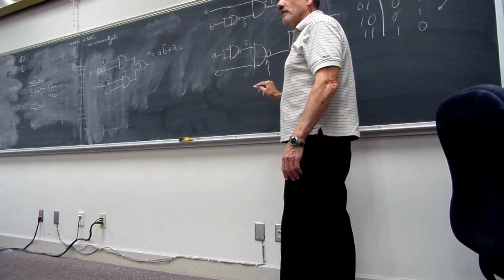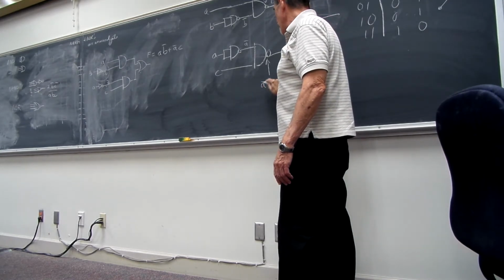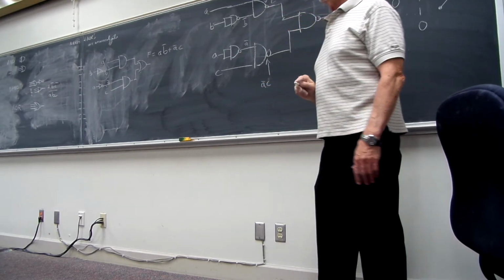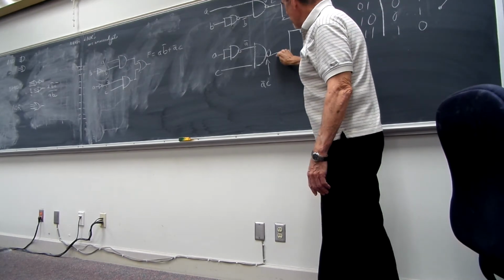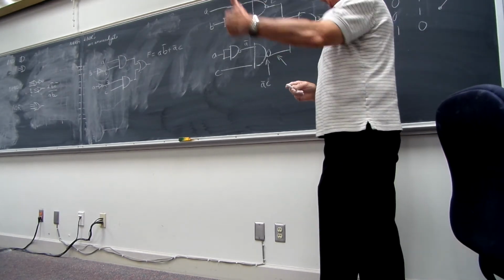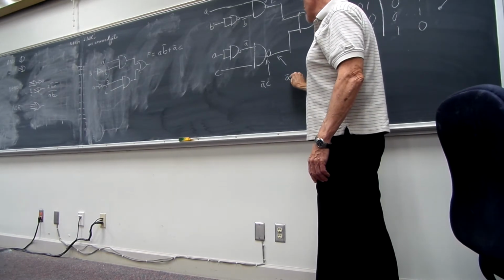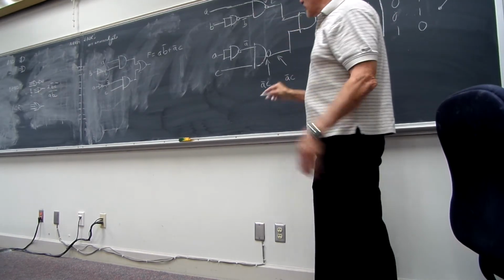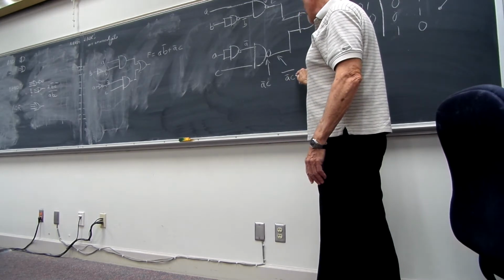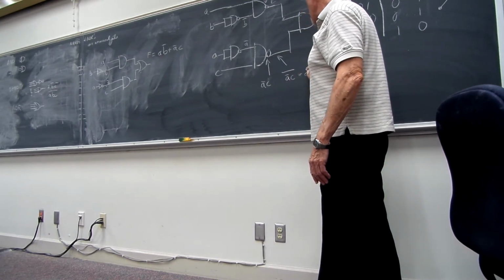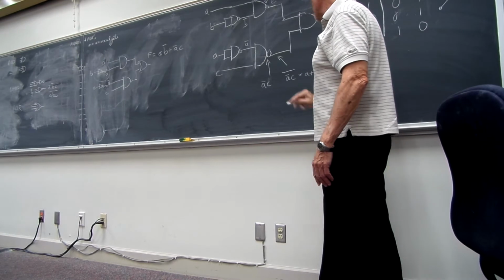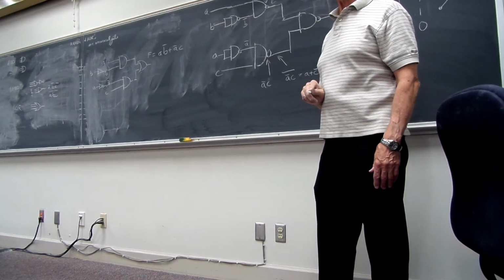A bar and C. What am I going to have out here after I do the negation? A bar and C, the whole thing barred. But that reduces down to A or C bar. Doing okay? All right.